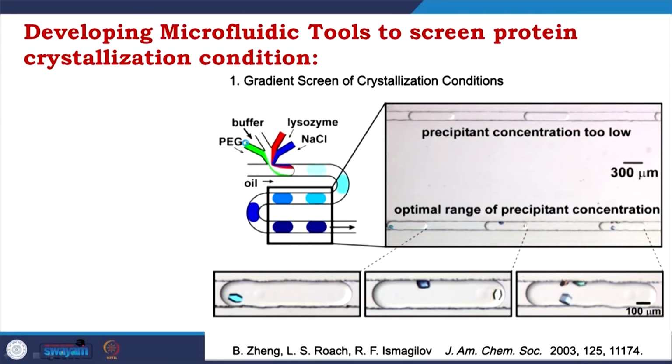So, that is for very individualistic conditions, but then they try to develop microfluidic tools to screen protein crystallization conditions. First thing they do, they use a gradient screen of crystallization conditions. What that means is you have ammonium sulfate as the main precipitant.